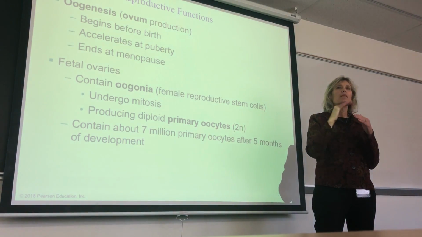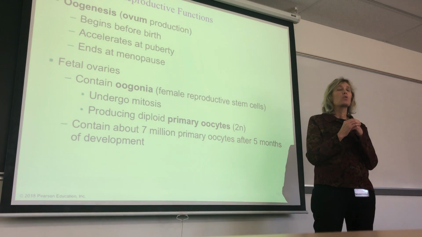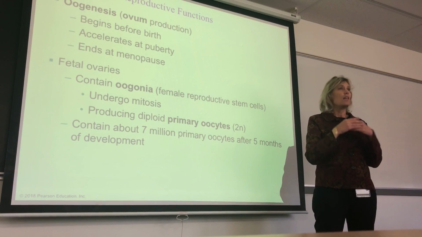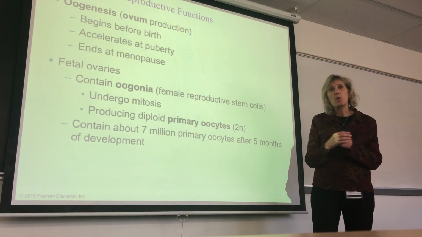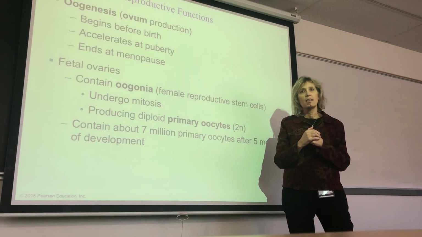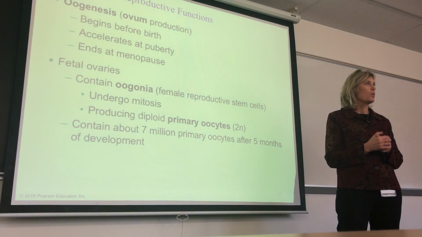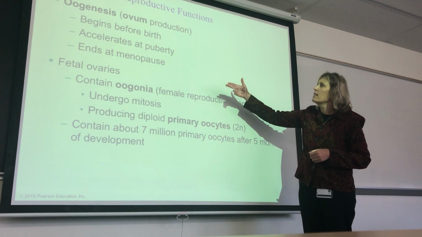Once she gets to puberty, meiosis 2 begins, and that primary oocyte becomes a secondary oocyte, but it halts in the metaphase 2 part. And then that's where it's going to be ovulated. A sperm will have to fertilize that secondary oocyte before it would complete meiosis 2 to become what we call an ovum. All right, so we're going to have to look at all of that.